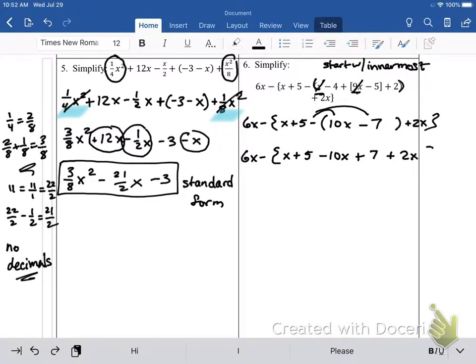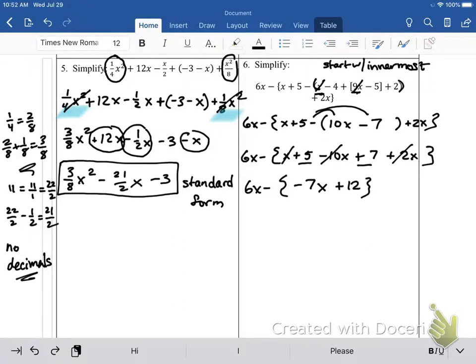And when I distribute that minus sign, the parentheses disappear, I don't need them anymore, and now I'm going to continue to simplify what's inside the squiggly parentheses. Let's keep going. Rewrite everything else. Do not touch that 6x minus until we finish all the business inside. Okay, let's add. So x minus 10x is negative 9x, plus 2 is negative 7x, and then the 5 and the 7 is 12.